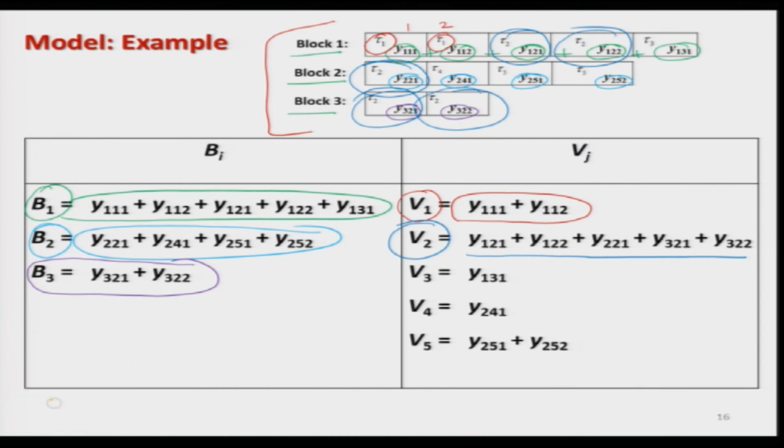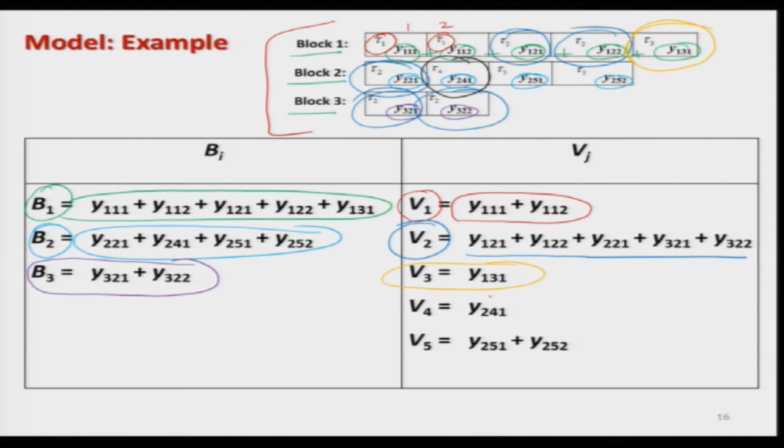And similarly, about treatment number 3: it has been given only at one place, in block number 1, plot number 5. So, V3 is simply y131. There is no other plot in which treatment number 3 has been given. Similarly, for treatment number 4, there is only one plot, in block number 2, plot number 2, in which you have given treatment number 4.